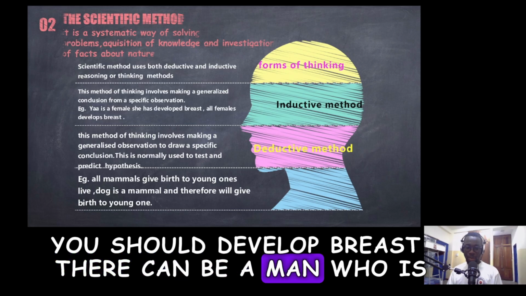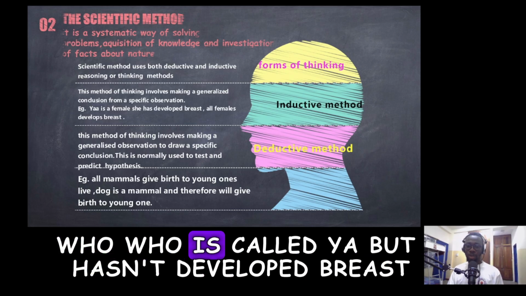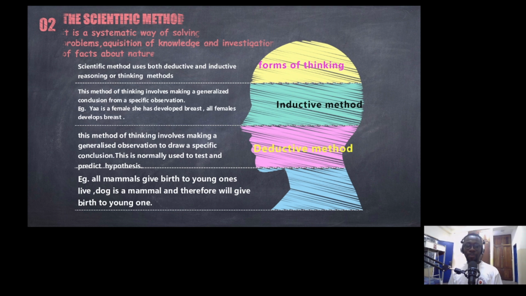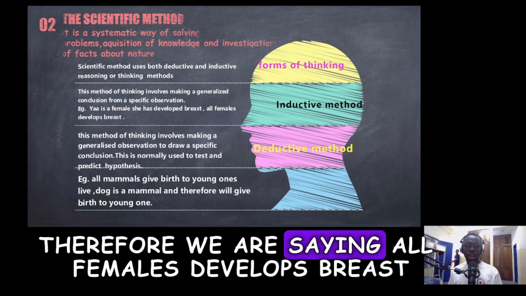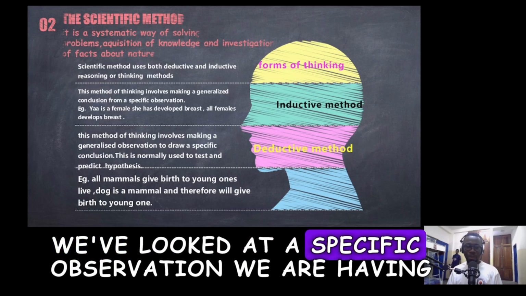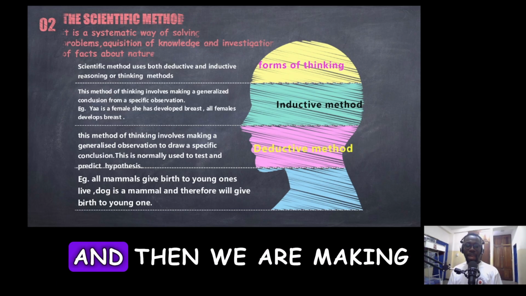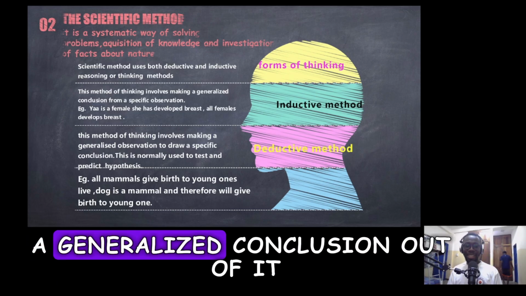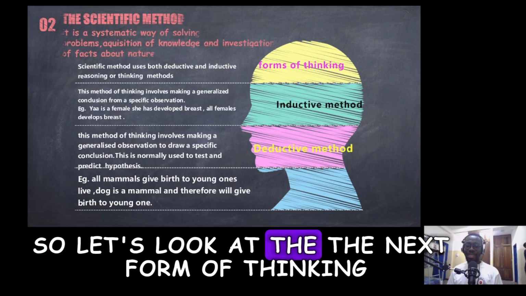There can be a man who is called Ya but hasn't developed breasts. Therefore, we are saying all females develop breasts. So we've looked at a specific observation, and we are making a generalized conclusion out of it.